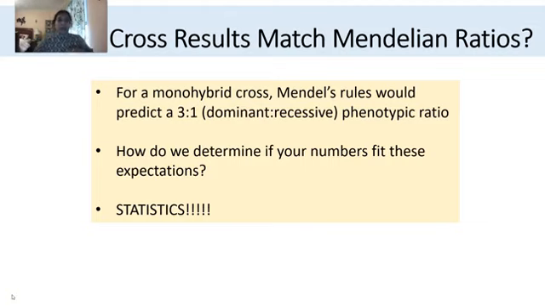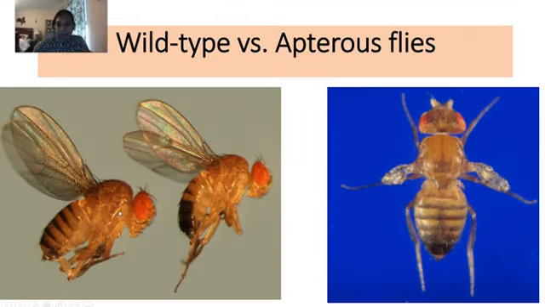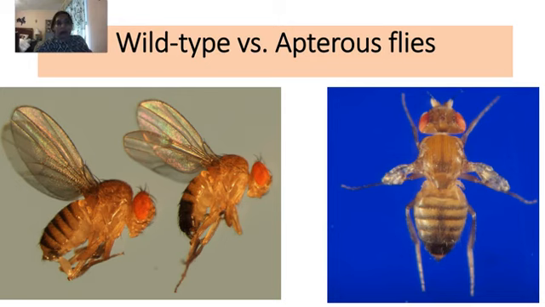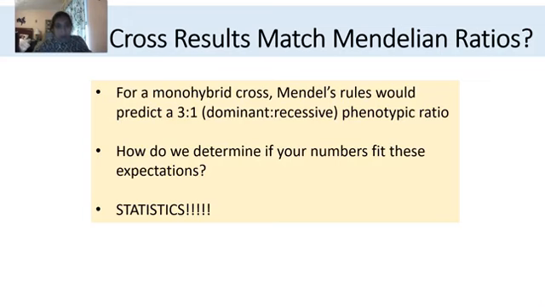So let's say that we were doing a cross where we were using these wild type and Apterous flies, and we make that parental cross, and then in our F1 generation we cross the F1s and examine the progeny.